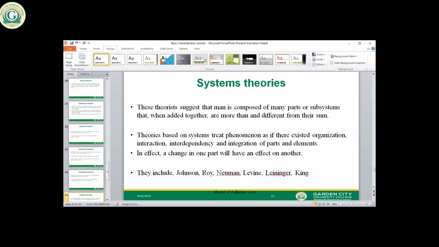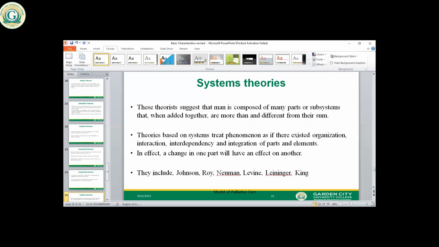Then we have the systems theory. These theories suggest that man is composed of many parts and subsystems. They believe that when you take every individual, we are made up of systems and subsystems.